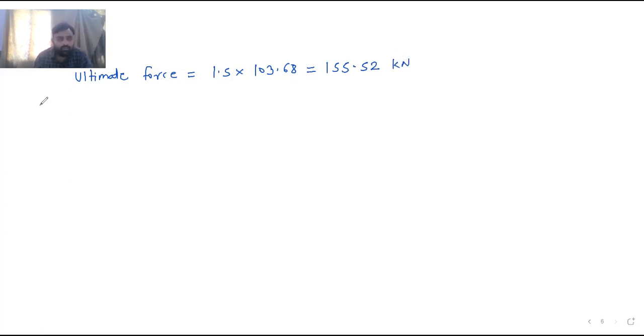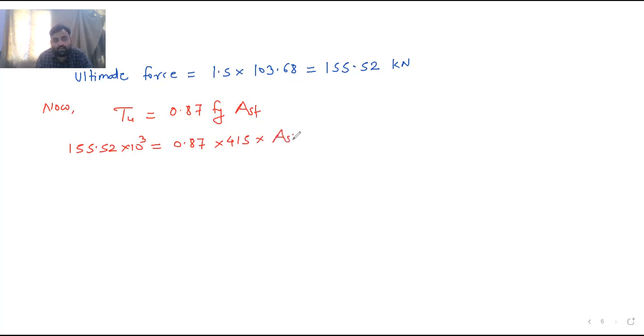So now we know that, we have studied this in DCS1, tensile force TU is equal to 0.87 Fy into AST. From this also we can calculate the area of steel. So the force is 155.52 into 10 raised to 3, which is equal to 0.87 into Fy 415 into AST as it is.